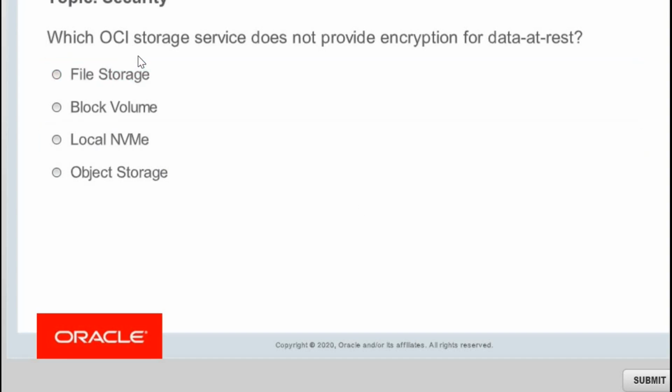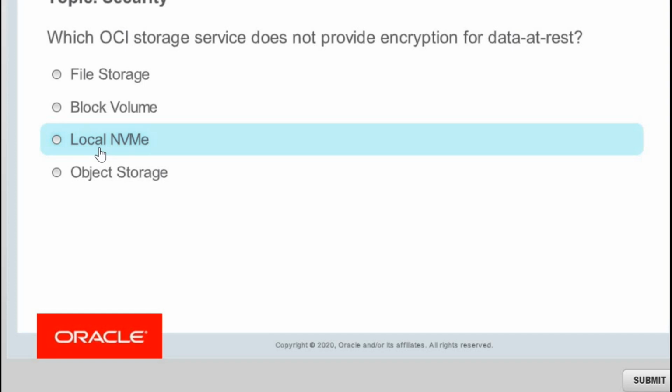Which OCI storage service does not provide encryption for data at rest? Well, that is one of the most important features provided by Oracle. Most of the storage supports encryption, and that basically secures your data by encrypting. In file storage, if you store your data it will automatically get encrypted. Same in block volume, but in the case of local NVMe, it is not there as a mandatory thing. When you choose any dense volume, you get NVMe storage.